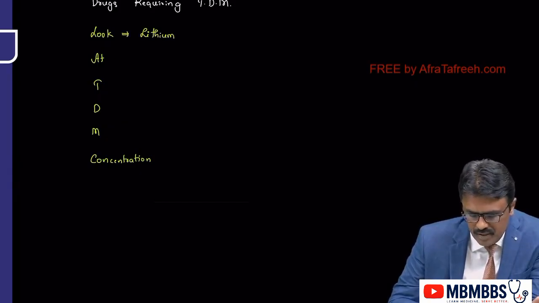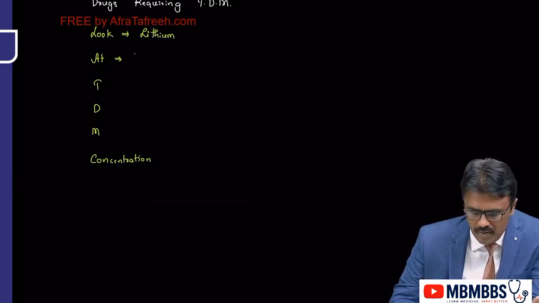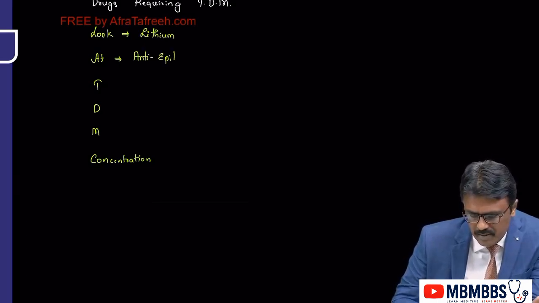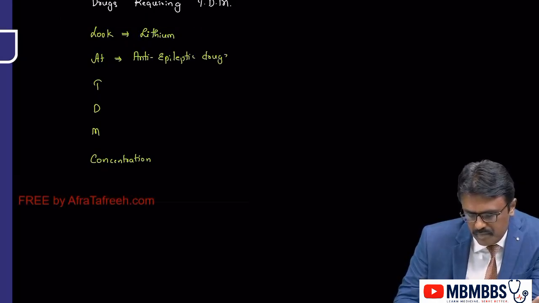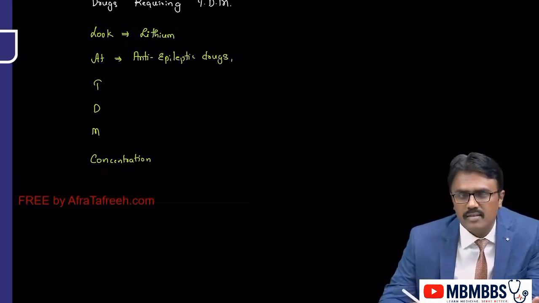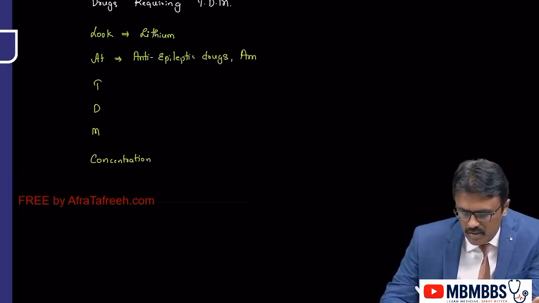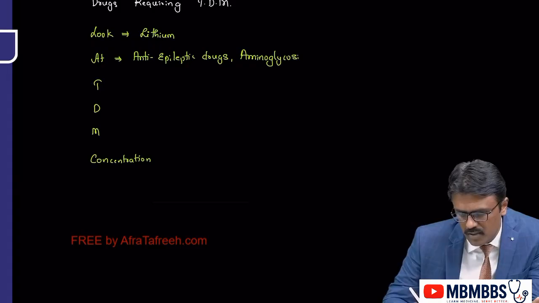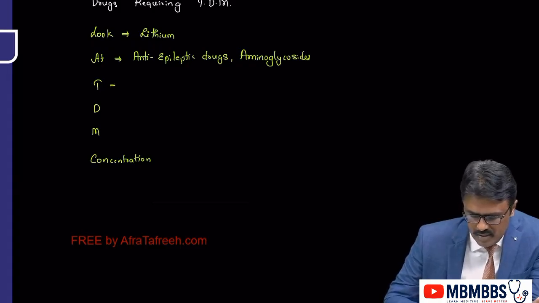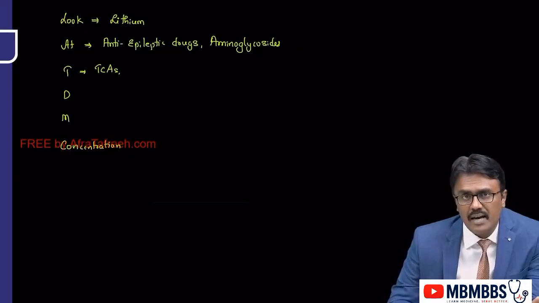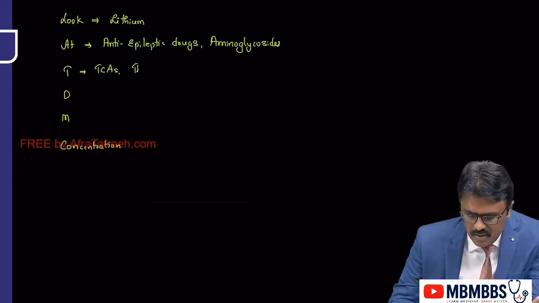lithium. A, we have two important ones: the anti-epileptic drugs and one more, antibiotics. They are called aminoglycosides. Very, very important, aminoglycosides. T for tricyclic antidepressant because they have narrow therapeutic index.